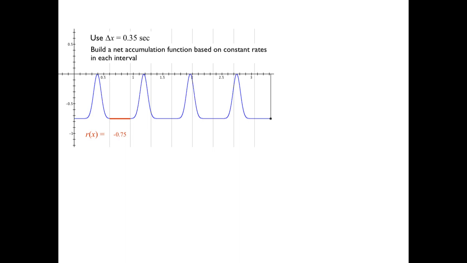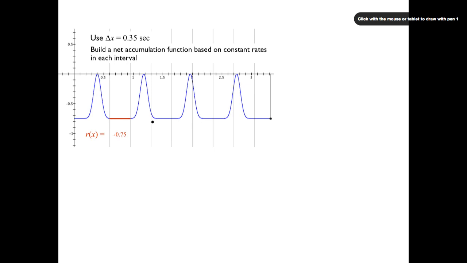Now what about in the next interval? We got this greatly fluctuating rate, but we need one rate that's trying to emulate or simulate it. What one rate would you say? Something around what? Negative 0.75 again?